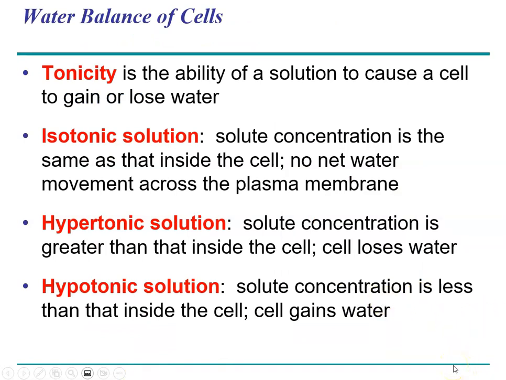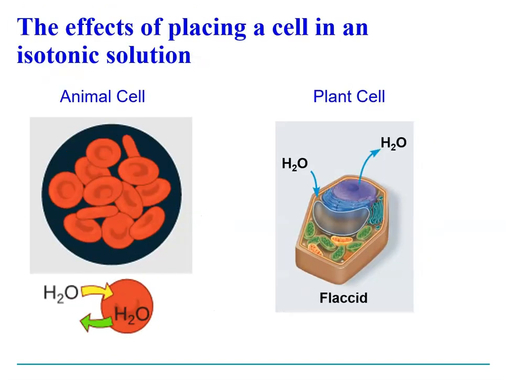Here you're going to have a solute concentration that's less than that inside the cell, and the cell is going to gain water, again because of the rule of osmosis, that the water is going to move from an area where there's a higher concentration of water to lower concentration of water, or where there's a lower concentration of solute to where there's a higher concentration of solute.